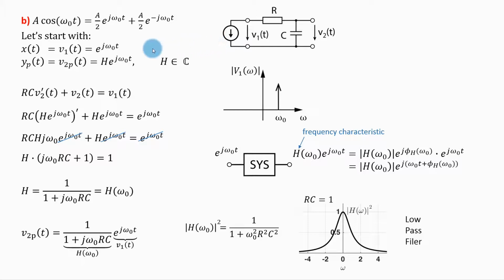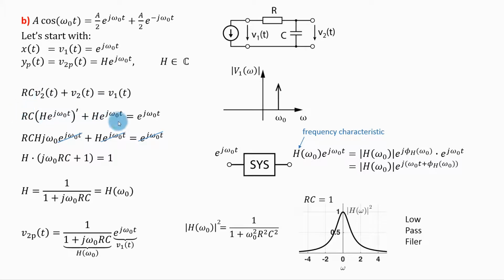So first, let's take a look at how we can find this complex constant h, and after we will examine why, if we feed the system this complex exponential, the system only multiplies it with a constant. First, to find this h, we will take this input signal and this output signal, and we will substitute them into our differential equation.